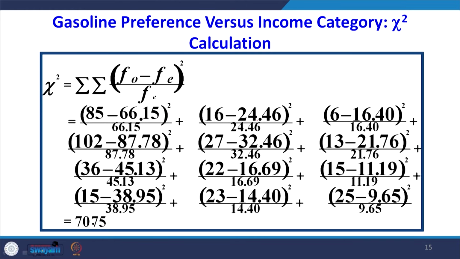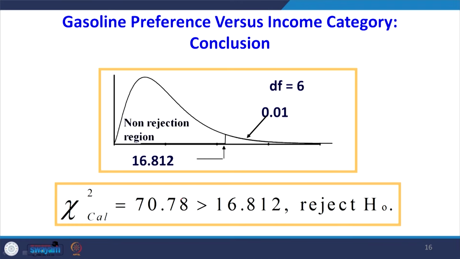For the first row second cell, 16 is our observed value and 24.46 is our expected value, so 16 minus 24.46 whole square divided by 24.46. If you keep extending this, you can go up to the last cell. When you sum it, it comes to 70.75.